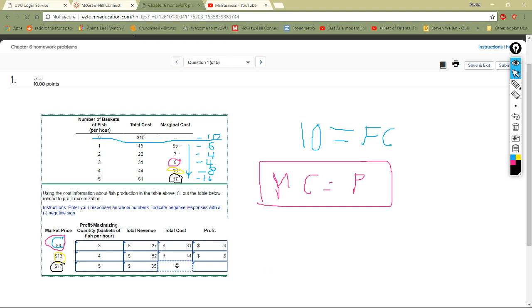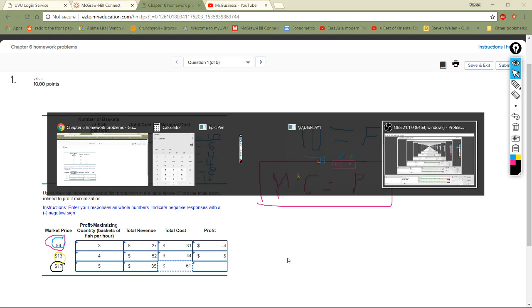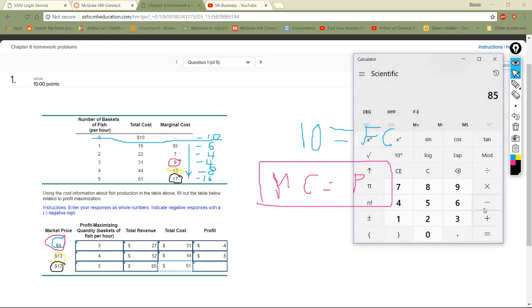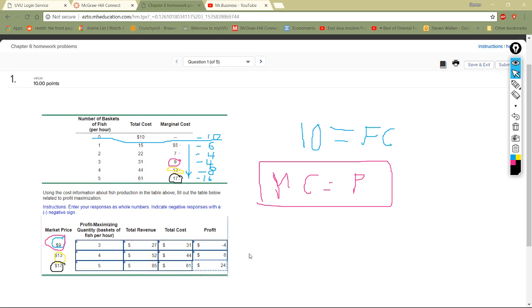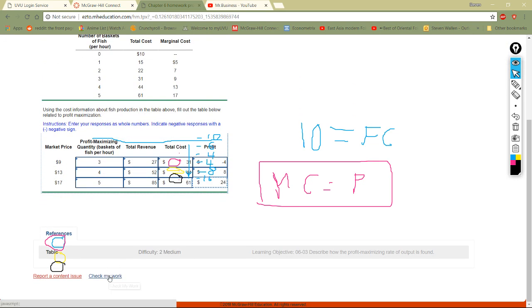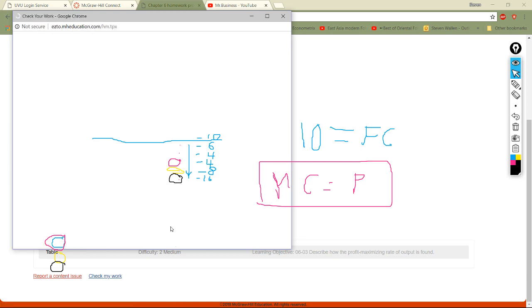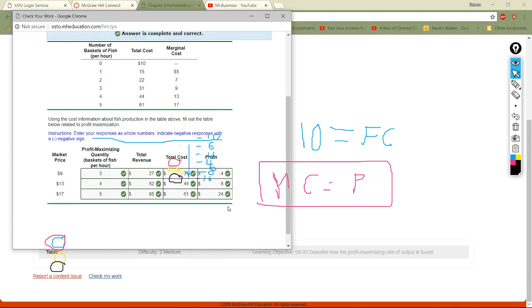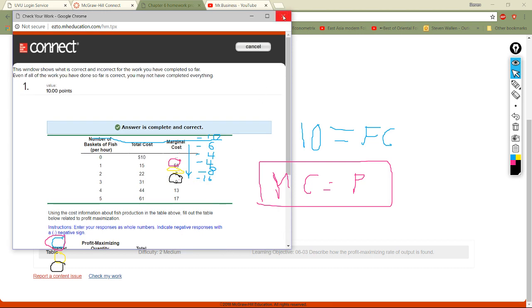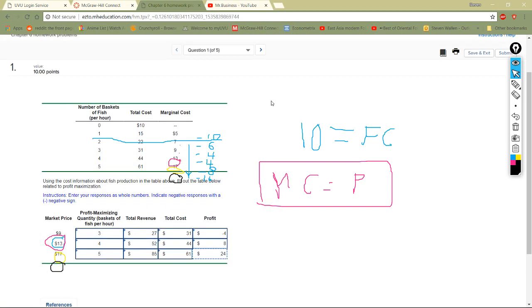Total cost is 61. 85 minus 61 gives us a total profit of 24. All right, let's double check and see if we got this all right before I go into the explanation of why you always do MC equals price. Ta-da! All green. We're almost ready to go. Let me go through a quick explanation of why this happened this way.